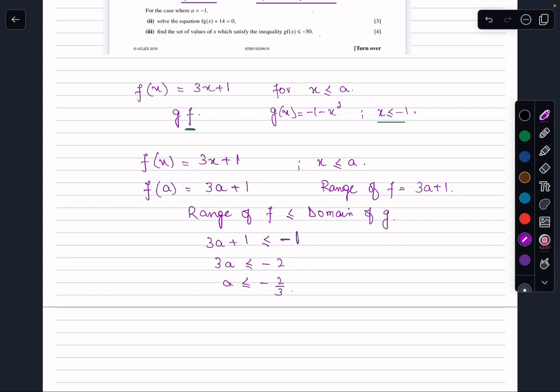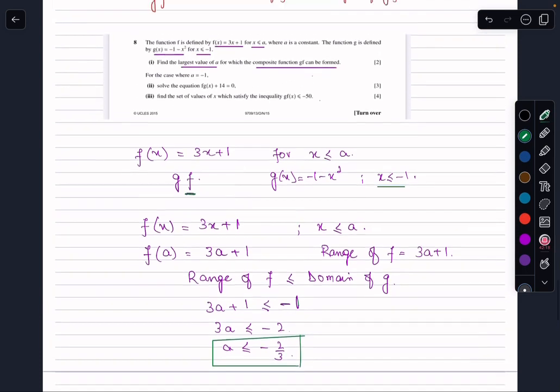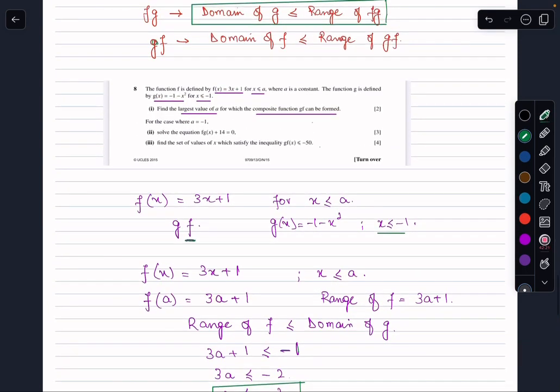So the composite function can only exist if the value of a is lesser or equal to negative 2 by 3. And this is what the question asked us for: find the largest value of a for which the composite function exists.